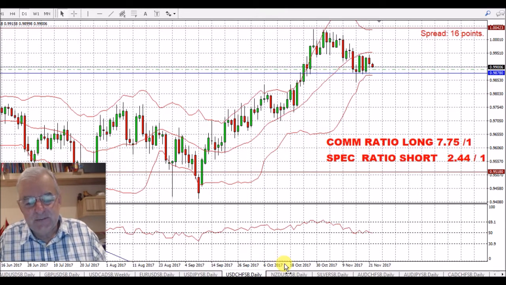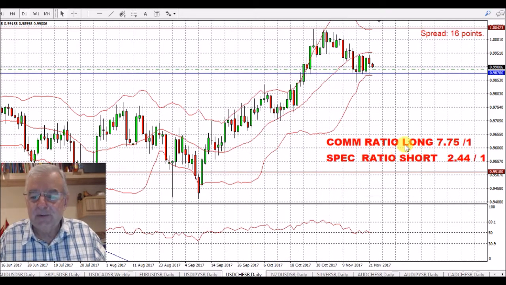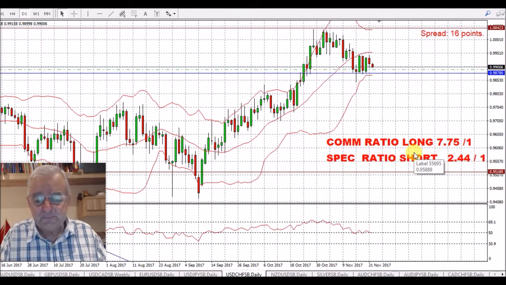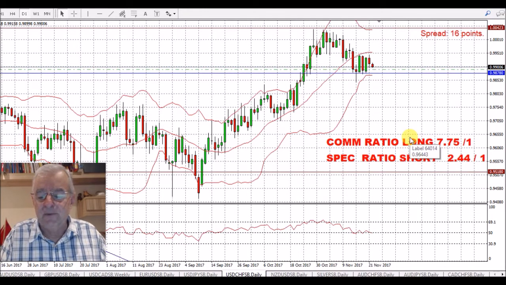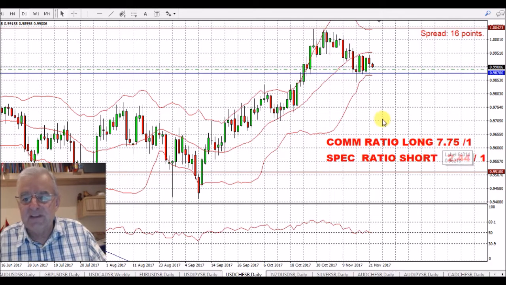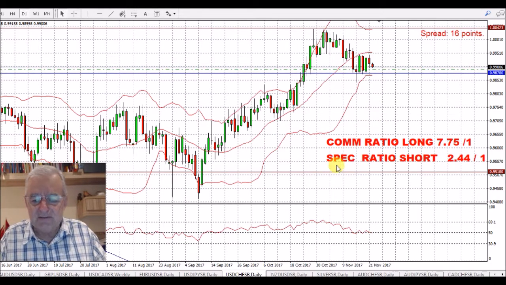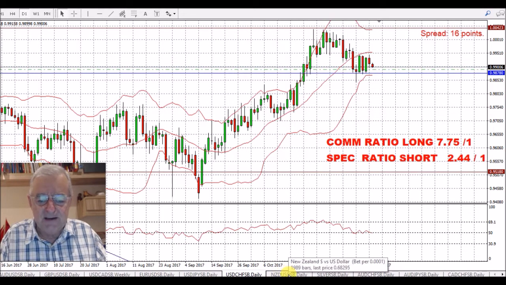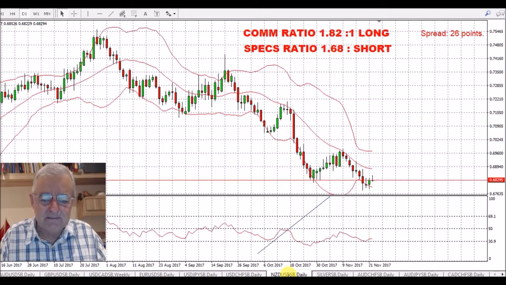So that's the story across the board today. We've got a long ratio for the Swiss franc of 7.75 to 1. And I am really looking forward to seeing this actually gain a bit of strength. So we'll see how that goes over the next couple of weeks.